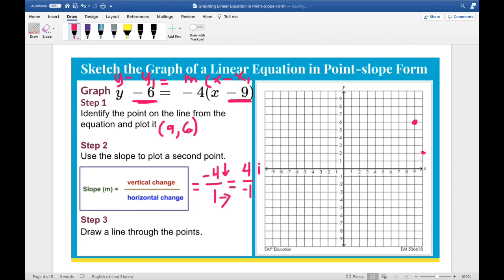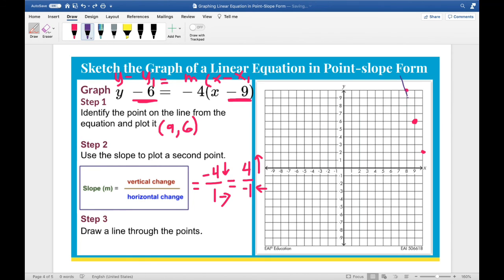Or you can go up 4 units and make a left 1 unit. So go up 1, 2, 3, 4 and left 1. And then you connect the points. So this is now the graph of y minus 6 is equal to negative 4 times the quantity of x minus 9.